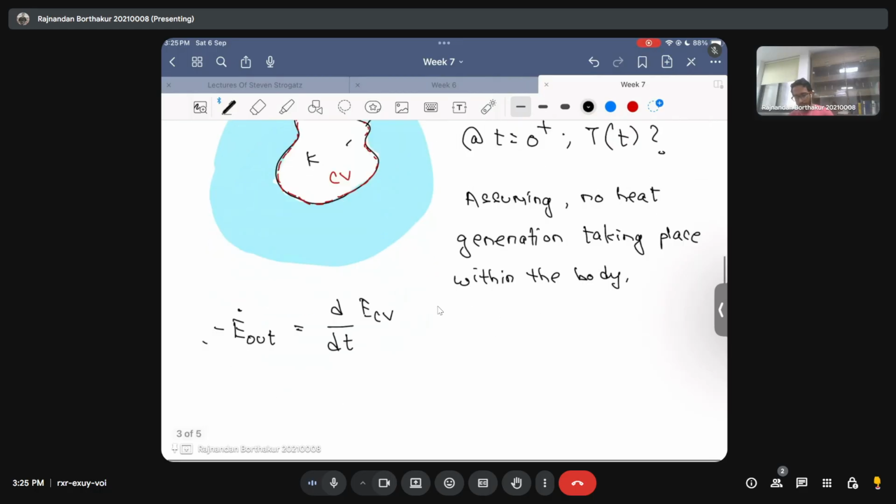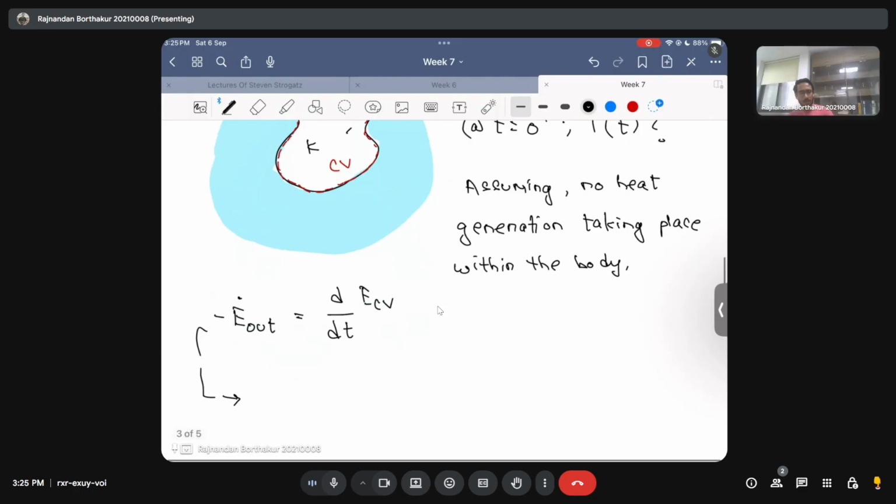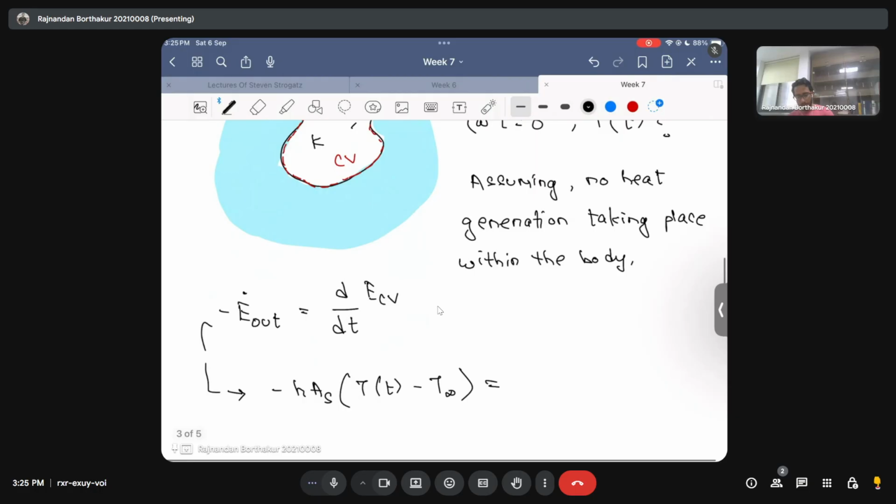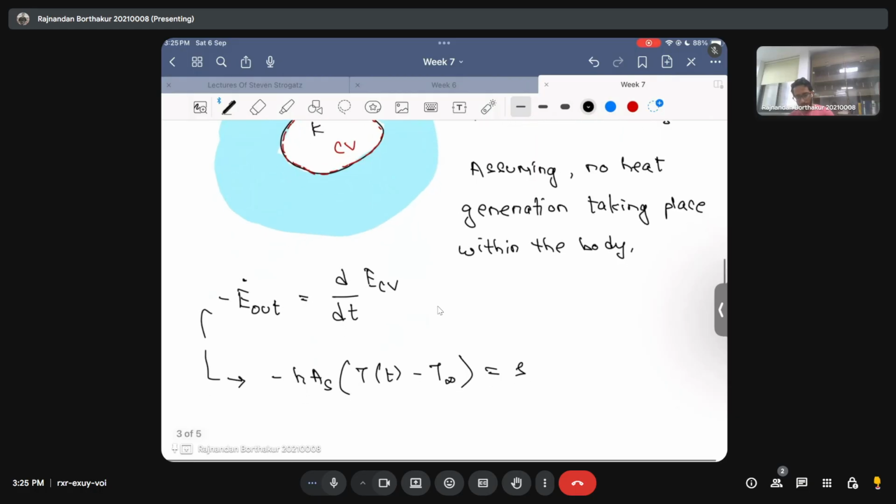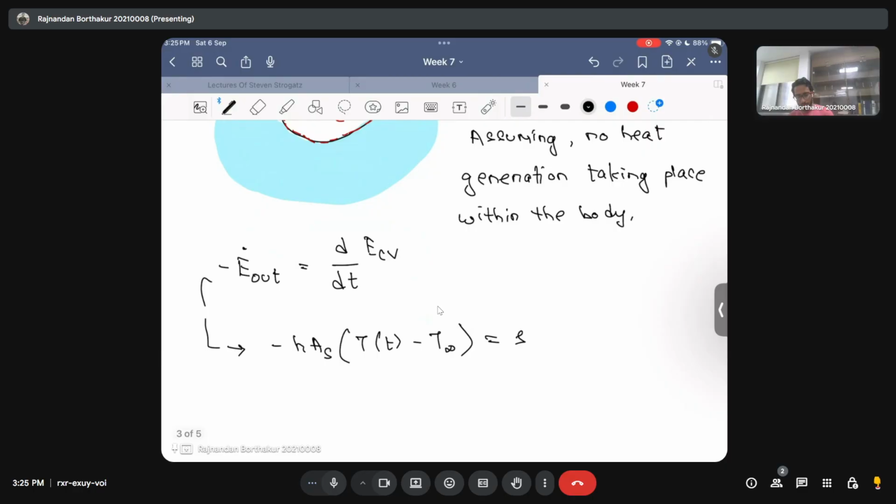And if you simplify this and solve it, E dot out is just minus h times the surface area of the body times the instantaneous temperature, which is a function of t, minus T infinity. This is the convection flux. And this becomes rho V C, where C is the heat capacity, times dT/dt.